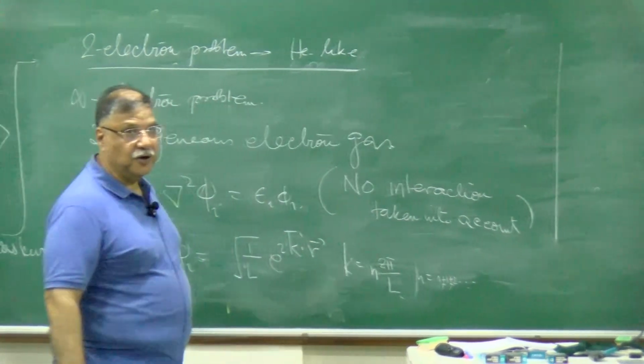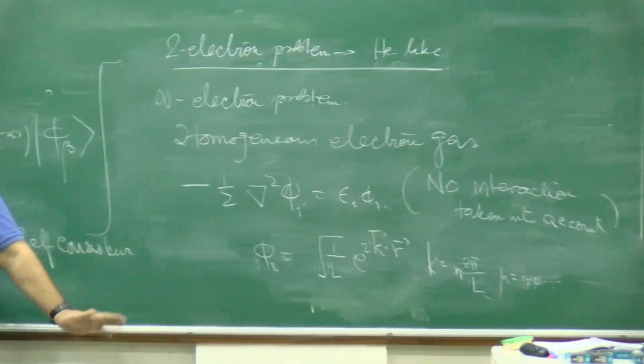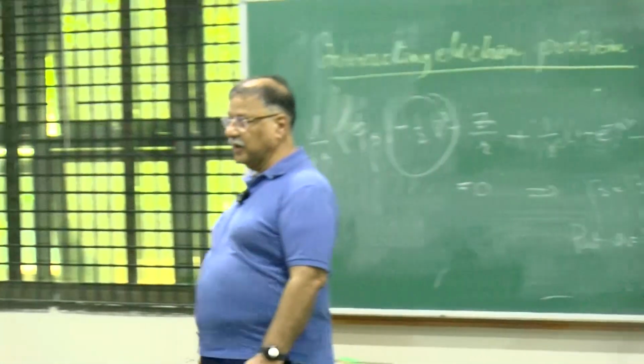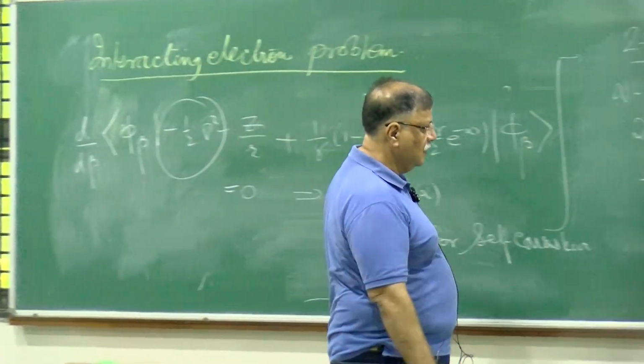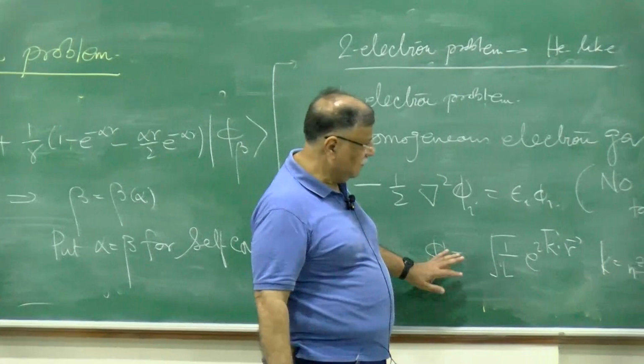This is from the periodic boundary condition. Again, if you don't know this, go back and look it up in any quantum mechanics book, Schiff or Merzbacher or wherever. All right, this is plane wave.